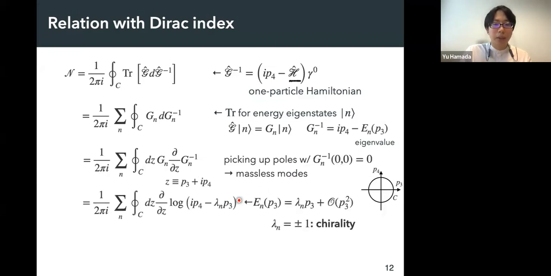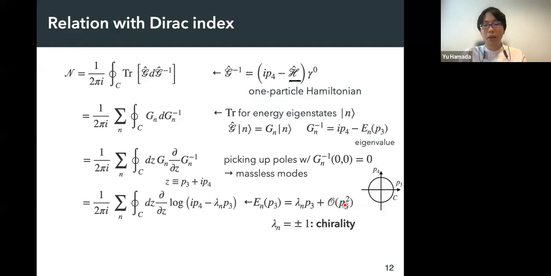And when we consider massless poles, we can consider this expression for the energy eigenvalue. This energy eigenvalue depends on P3, which is the z-direction momentum, and let's expand this energy eigenvalue as a function of P3, and denote the coefficient of the leading term in P3 as lambda_n.